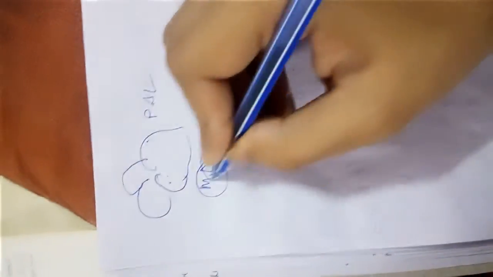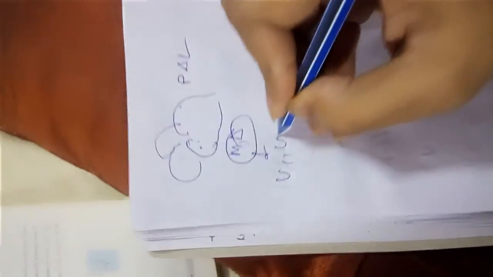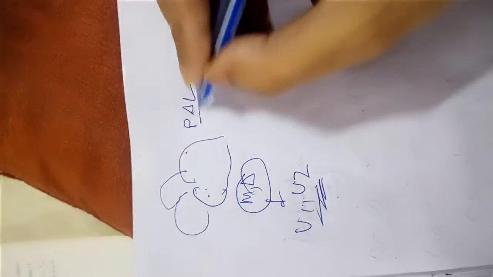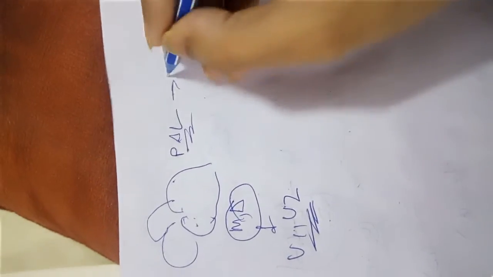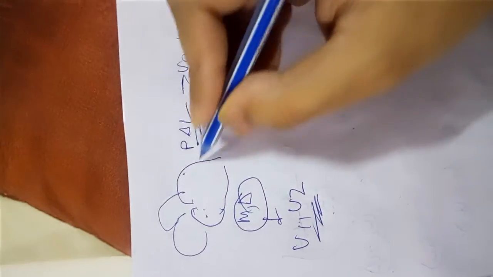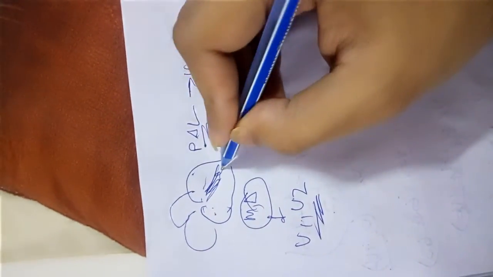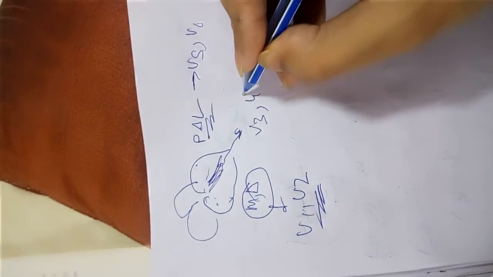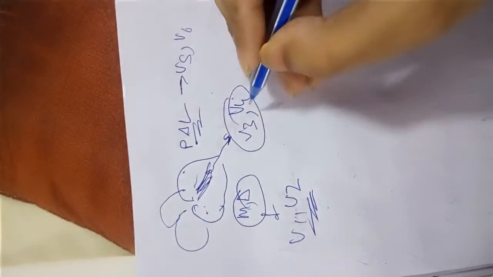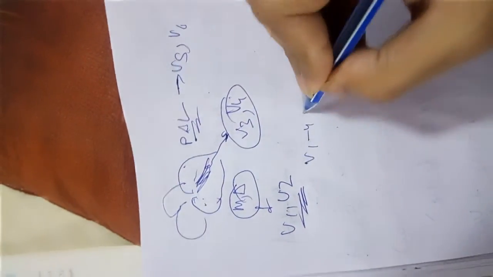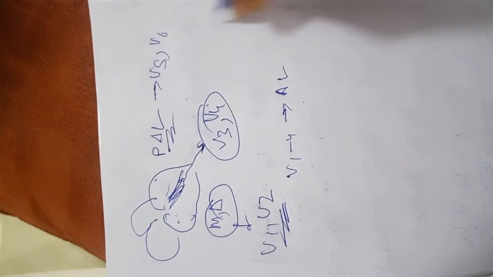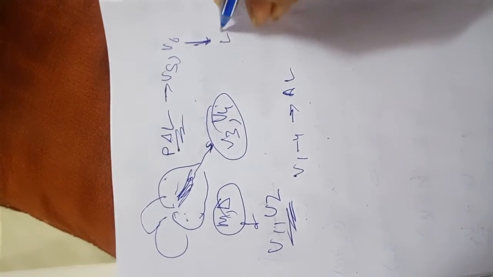So the medial and anterior portion is best represented by V1 and V2, the left ventricle is represented by V5 and V6, and the interventricular septum is represented by V3 and V4. Also V1 to V4 are called anterior leads, and V5, V6 are called left lateral leads.